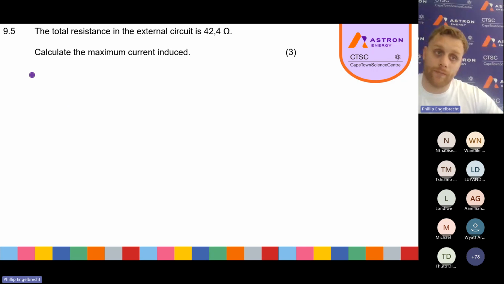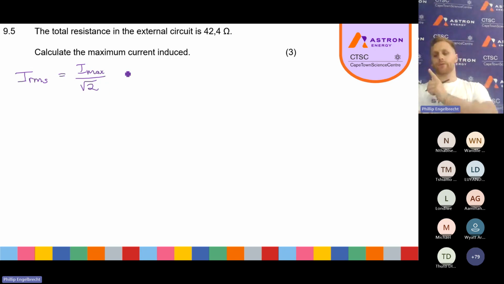Okay, remember, IRMS is equal to Imax over square root 2. So what I need to first do is I need to go, okay, what is the value for my IRMS? Now, we remember from circuits that I is equal to V over R. Okay, that's for the normal circuit.